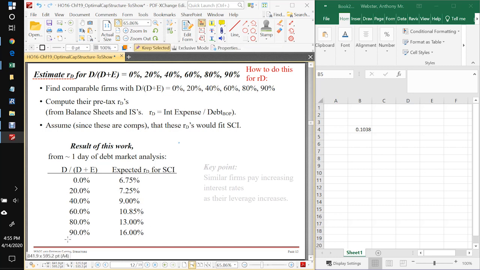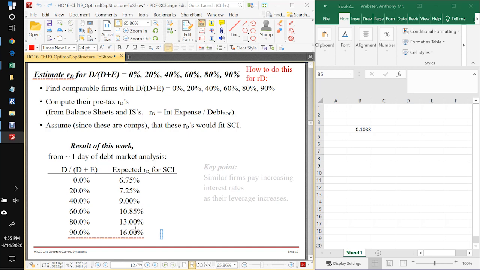So we do this all the way up to some comparable firms, and you want to find more than one comp, right? So we find 2 or 3 comps here that are very levered, 90%, and on average, their cost of debt capital is 16%. So we have a pretty big range here, right?